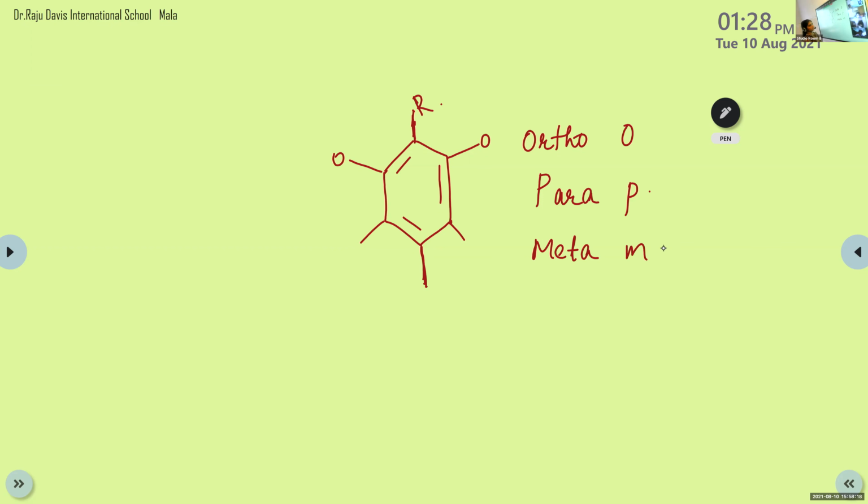M. Meta, M. This is clear? So while writing the common name, we will use these ortho, meta, para. Then in IUPAC name, we will use numbers. 1, 2, then 1, 3. Where the substituents are there, we will write according to their numbers.